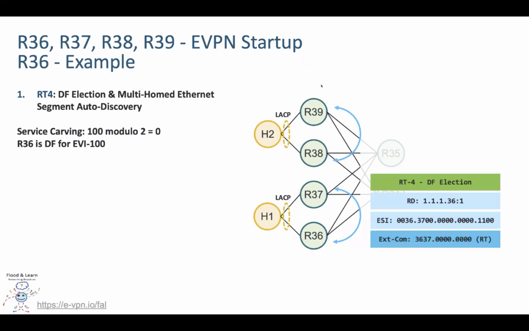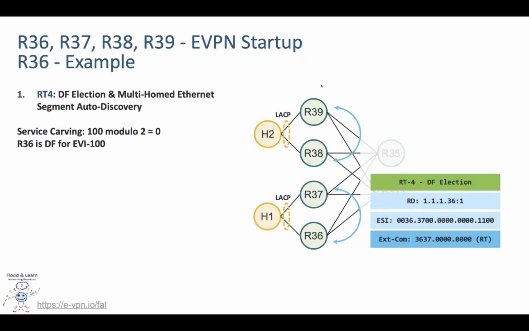By default, there is a well-known formula for how everyone computes who is the DF for this particular EVI. For example, if you have EVI 100 and you are doing dual homing, like in this case, you take EVI 100 modulo 2, and you get a 0.